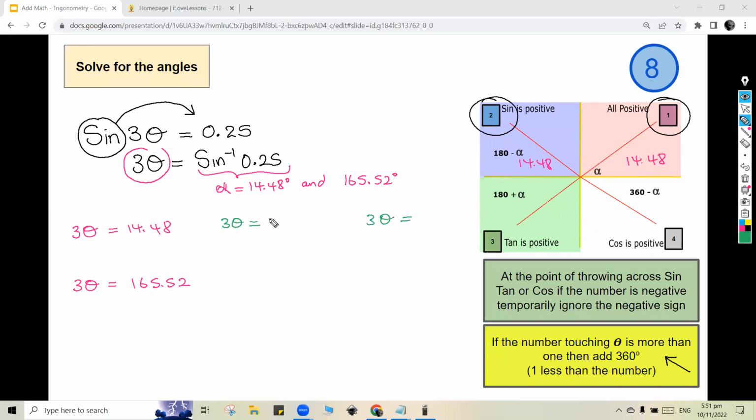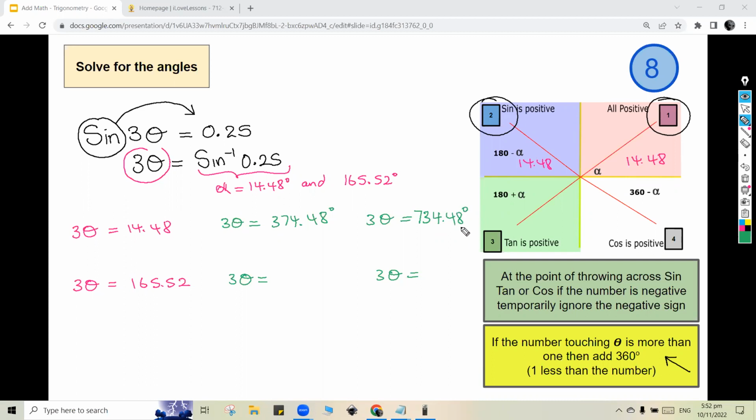You're going to get two extra answers. Add 360 to this. 14.48 plus 360, I'm getting 374.48. And then to this answer, add another 360. So you add 360 again. 734.48.